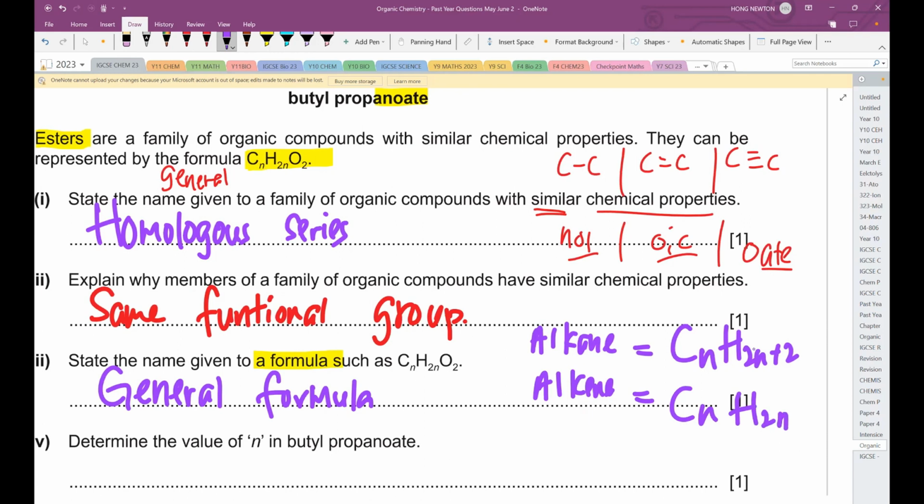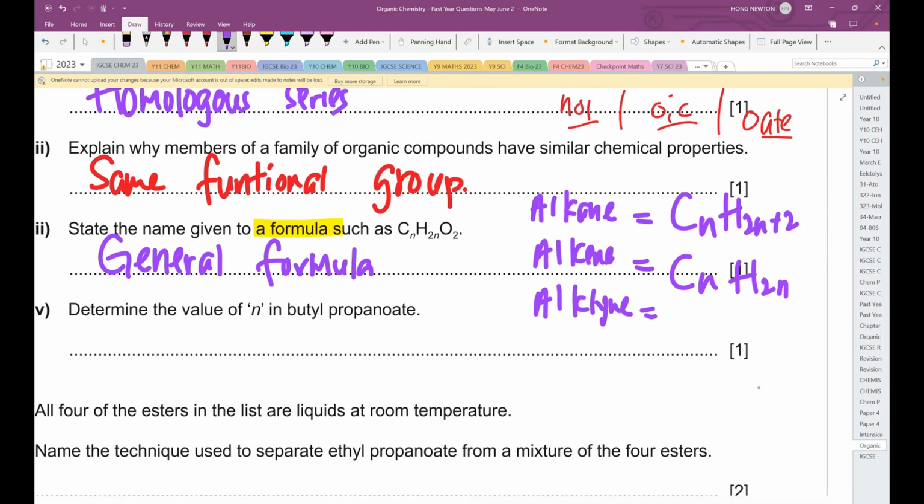Then how about alkyne? You haven't studied alkyne, right? Never mind, you study it in A level, but you learn now so that in A level you have no problem. CnH2n minus 2. This is like kindergarten, correct? So done. Then how about the non-hydrocarbons, the oxygen group?